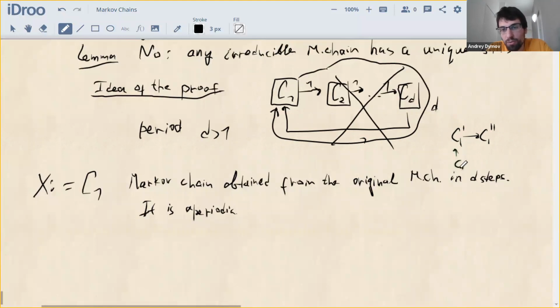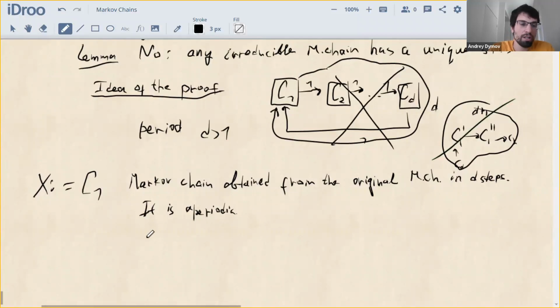And here you arrive from CD, and then you go to C2. So if this chain is not aperiodic, then you would have such a situation, and the period would be D plus 1, but not D. But you do not have this, right? You do not have this. That's why your chain is aperiodic.